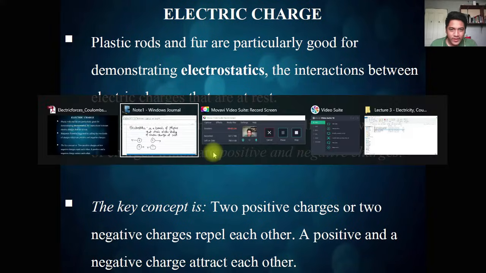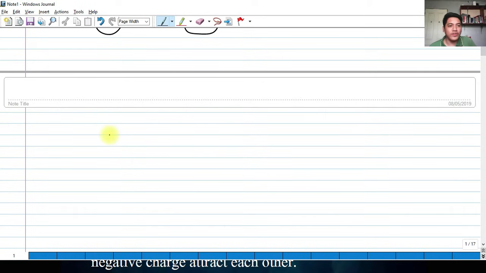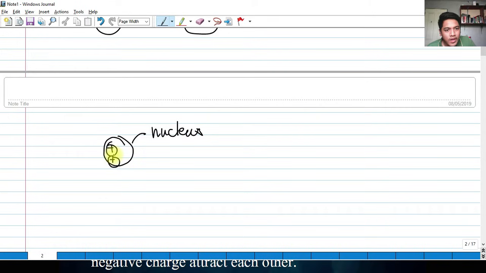Let's just recall some basic ideas about the proton and electron. Inside an atom, we have the nucleus, and inside the nucleus there are protons and the chargeless neutrons.